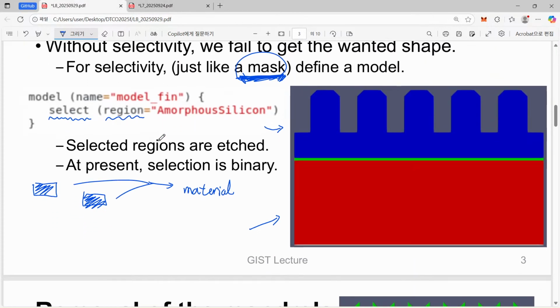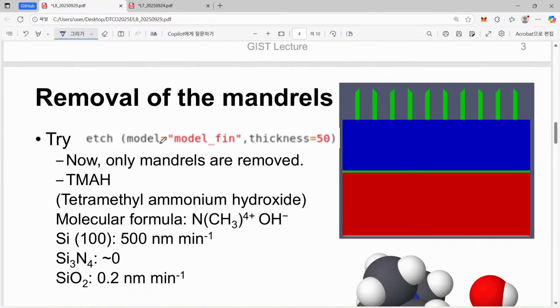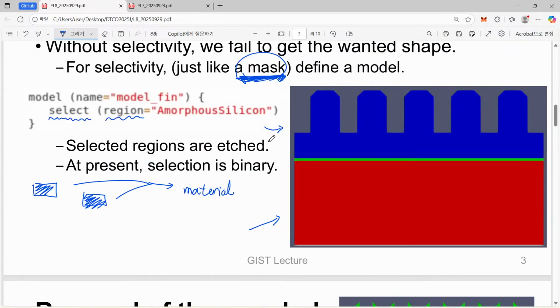Then now what you can do is like this. Usually we have done it in this way, etch with thickness equal to 50. Then from the top of this structure, the 50 nanometer is gone, and that was our previous result shown here.